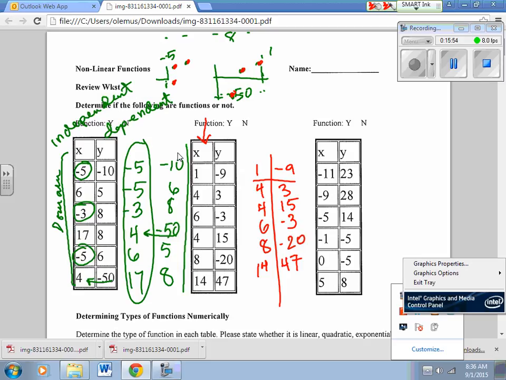When we start figuring out, are these functions or not? You guys understand it doesn't matter if they're in order on the domain or range. You can figure out if it's a function or not just from the table. All right. Go ahead. If the x number repeats, but the y's are different, that's not a function.